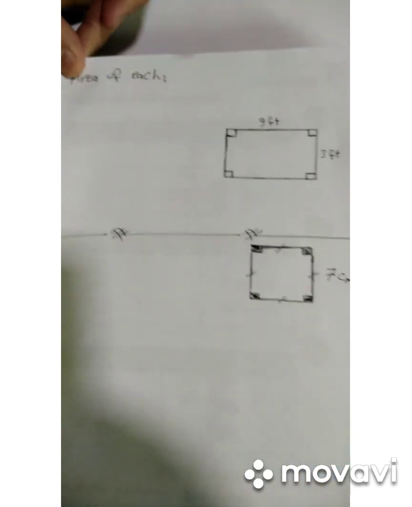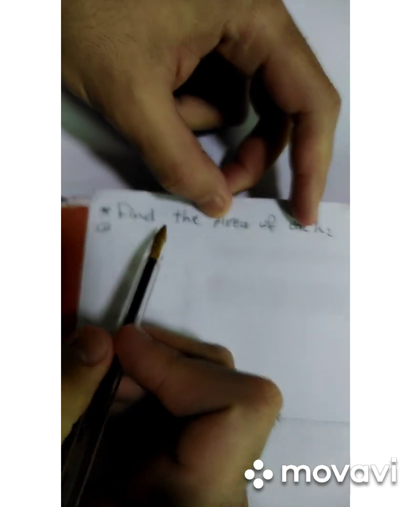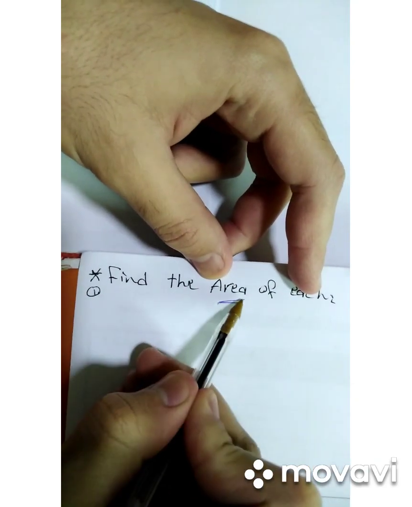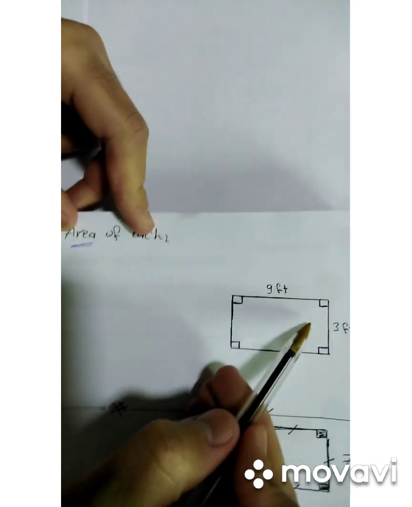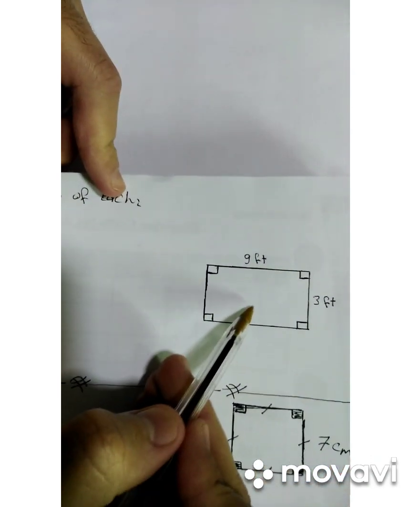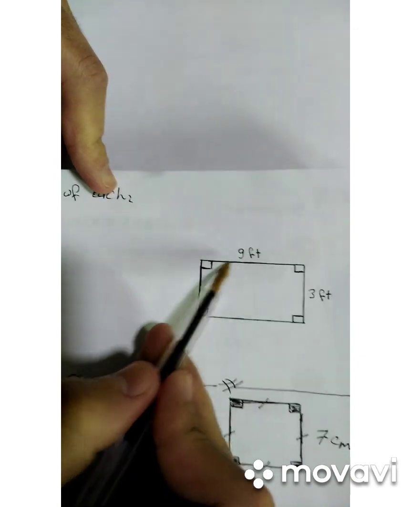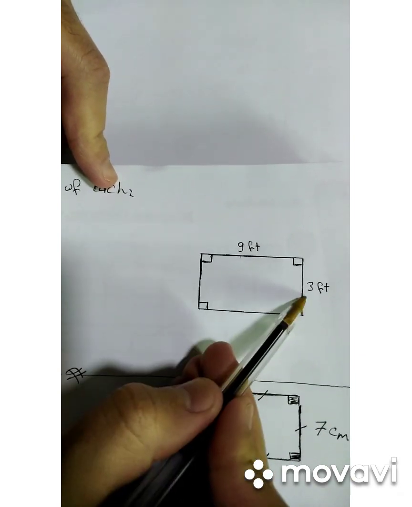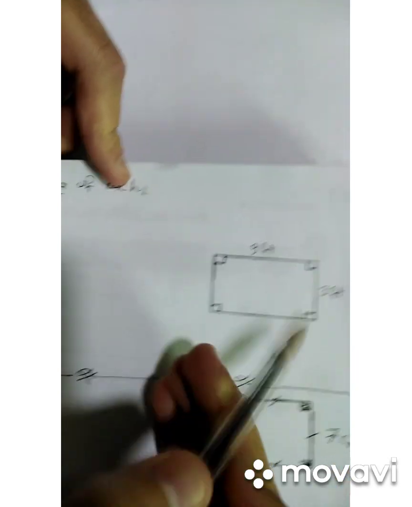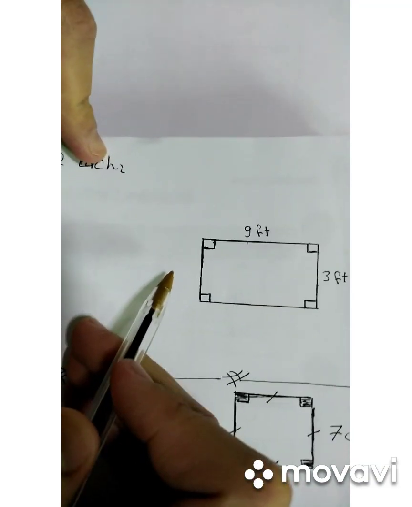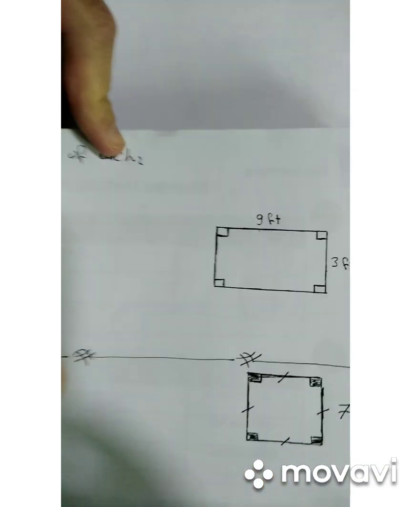Another example. Find the area of each. Now we want to compute the area. This figure is a rectangle. Its length equals 9 feet and the width equals 3 feet. The formula of the area of the rectangle is area equals length times width.